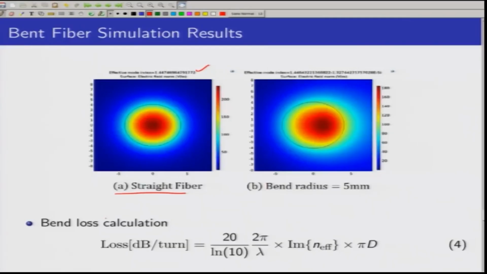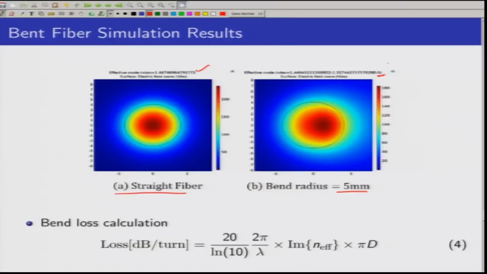But when we apply the conformal mapping technique and do a similar procedure for a bend radius of 5 mm, we observe a shift in the mode towards the cladding, that is, the mode is radiating away from the core to the cladding, because of which we have an imaginary part in the effective index. From this we can say that if there is any radiation in the mode, we have an imaginary part in the effective index.